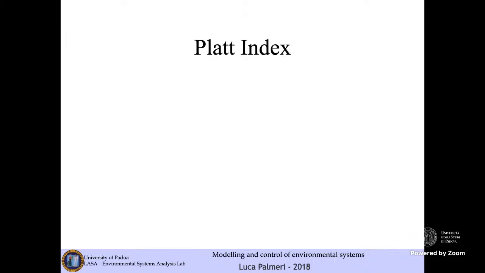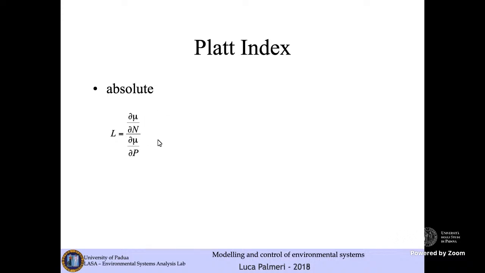Another way of measuring the effect of the limiting nutrient is employing the Platt index. We have two forms of Platt index. An absolute form, where we are evaluating how much the growth rate parameter mu changes as a consequence of changes in the concentration of nutrients, nitrogen over phosphorus.